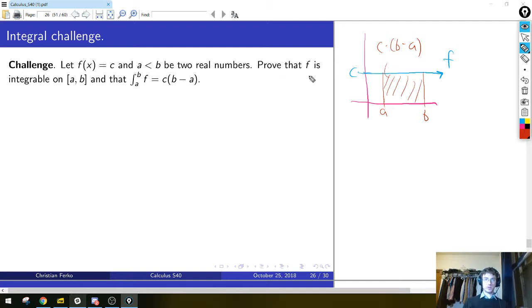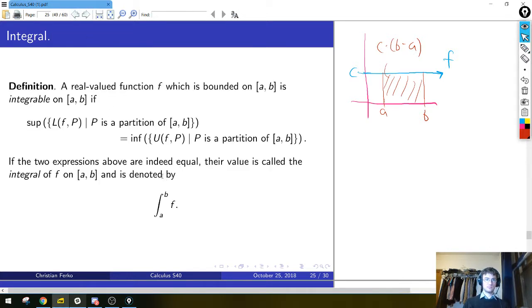What should I do if I want to prove that f is integrable on a to b, and that the value of that integral is this thing? First, we want to show that this is integrable, so we need to refer to the inequality that I have not yet memorized. So we want to somehow prove that the supremum of L of f,p for all p, and the infimum of U of f,p for all p, are equal.